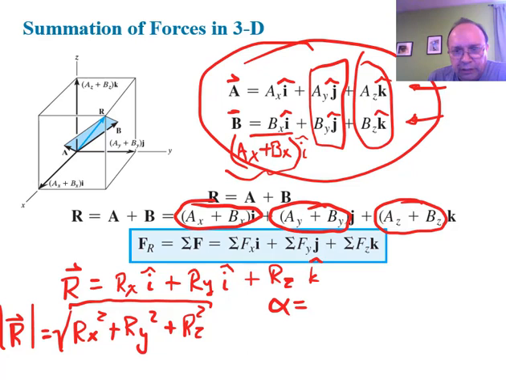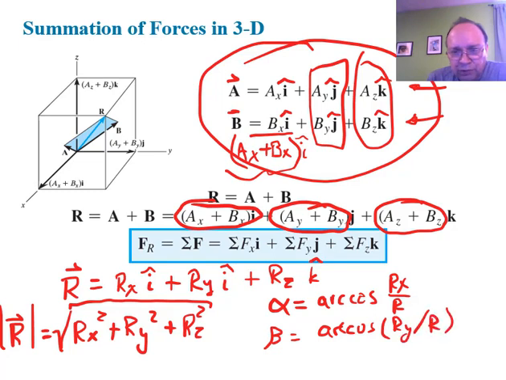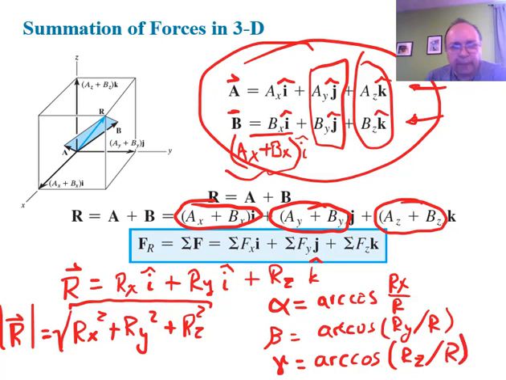Alpha will be the arccosine of Rx over R, beta will be the arccosine of Ry over R, and gamma will be the arccosine of Rz over R. All right. And that will be it.